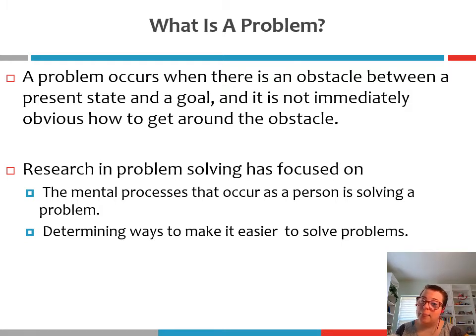And the second one is very similar to research in the field of learning and memory, where psychologists work with textbook companies and teachers and professors to optimize their instruction. Psychologists specializing in problem solving often attempt to come up with interventions or strategies people can use to make problem solving easier and more effective. So that's what we're going to focus on today: what are the underlying cognitions associated with problem solving and how do we optimize problem solving?